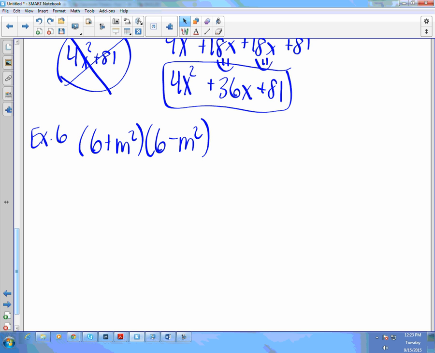Negative m squared, excuse me. Positive m squared times negative m squared is negative m to the fourth, we multiply the coefficients and add the exponents. Okay? Because we have 6 times m squared, and we have m squared times the negative 6.